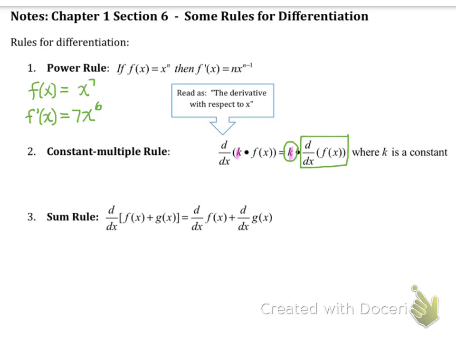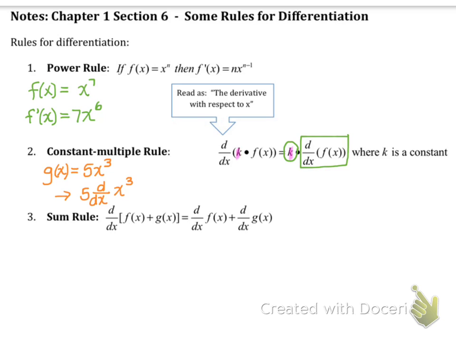So if I gave you the example g of x equals 5x to the third, we can rewrite it as saying we're going to pull 5 in front and then take the derivative with respect to x of x to the third.